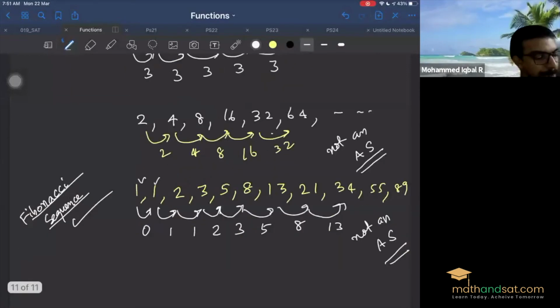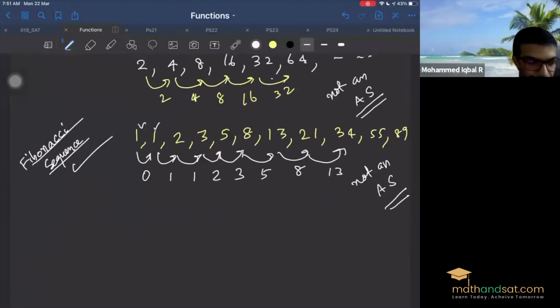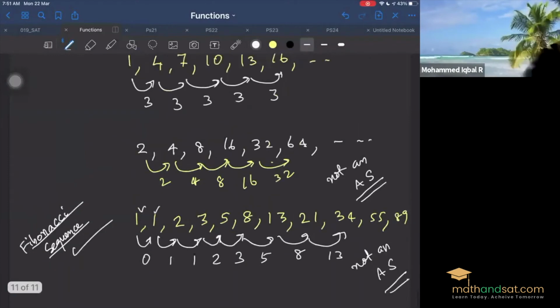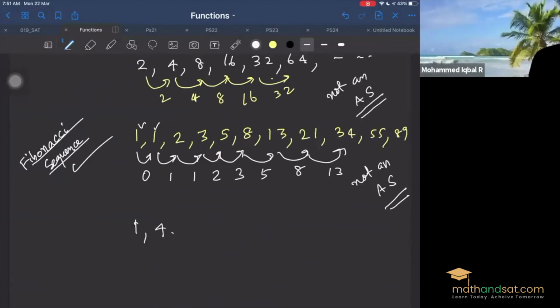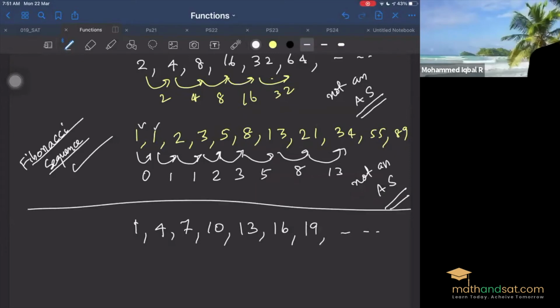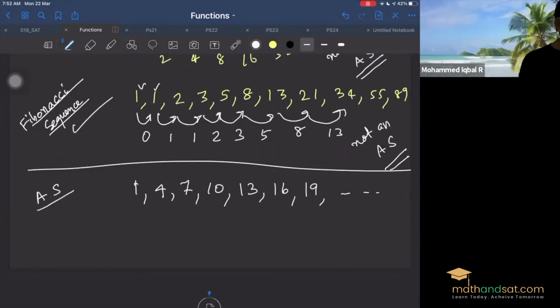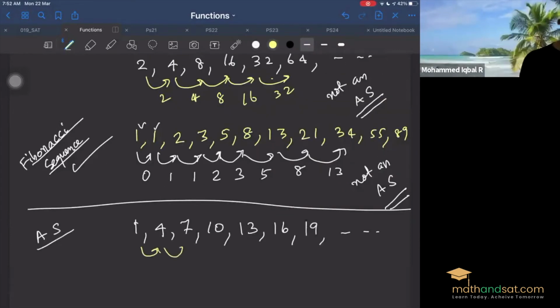Now, typically, let's see something. So if I have 1, 4, 7, 10, 13, 16, 19, and so on, if I take this arithmetic sequence, the difference between the consecutive terms is always a constant, and that constant is what we call the common difference.